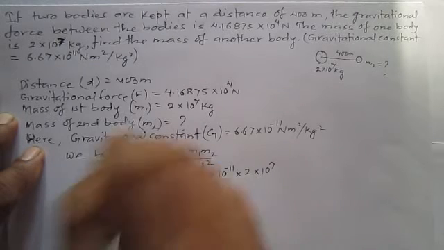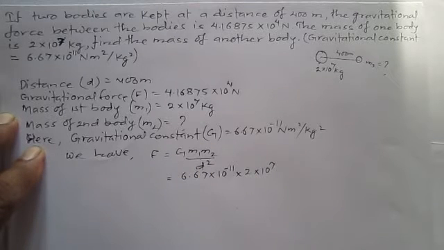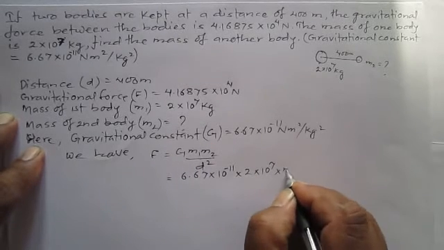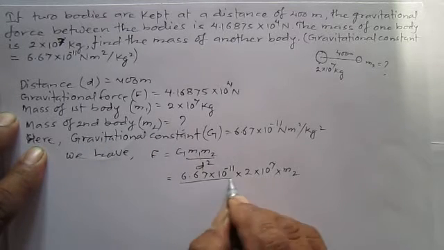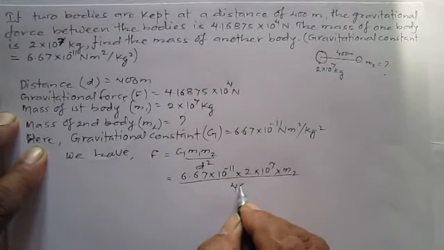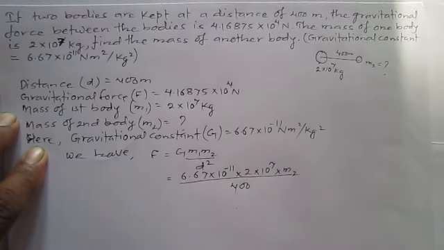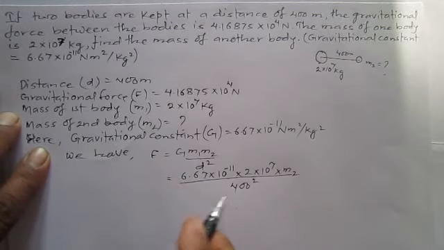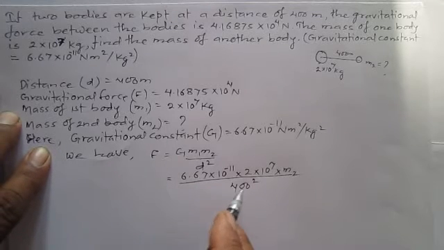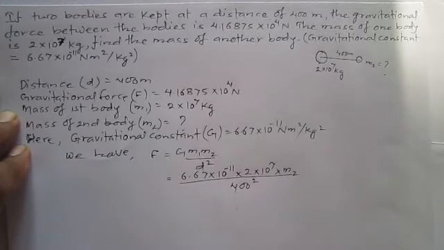This is the value of M1. And another value, M2, is not given. We are going to calculate M2, question mark. And the distance between them is given, that is 400. It is 400 square, because D square. Don't make the mistake. Sometimes people write only 400, and the solution becomes wrong.